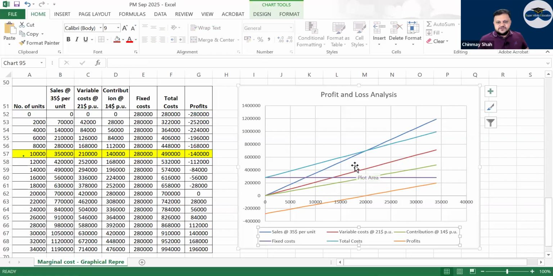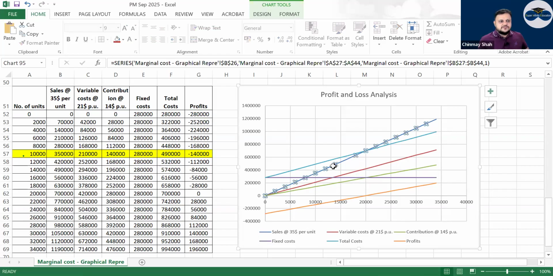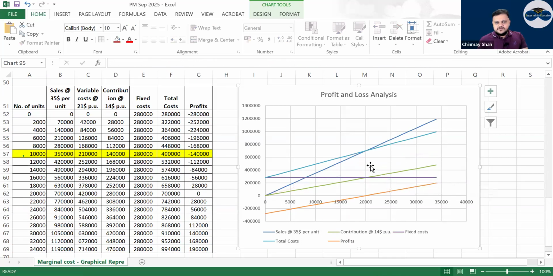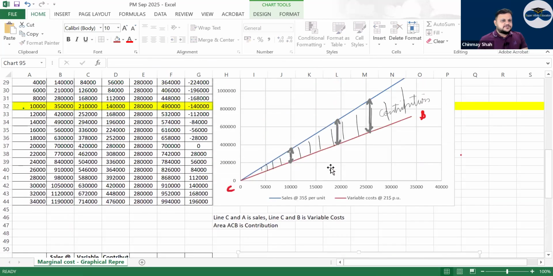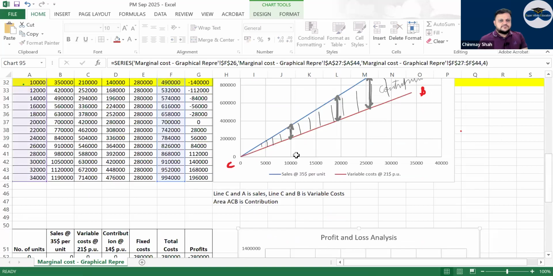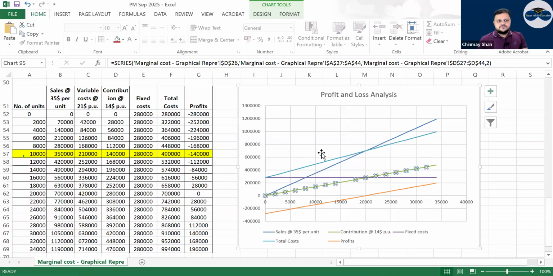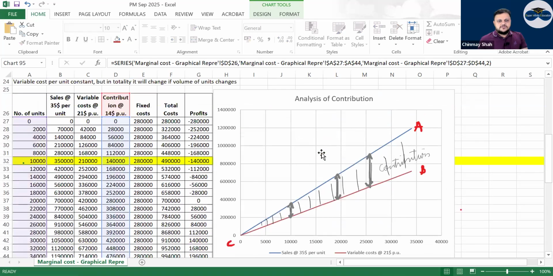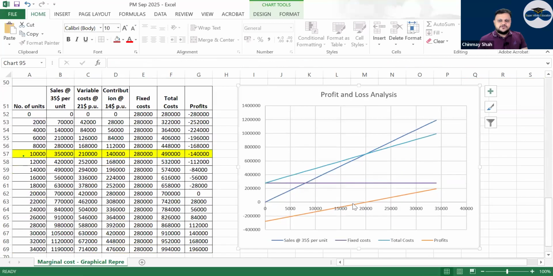Correct. So sales is this dark blue line. Look, variable cost I delete. Correct. Where is sales? I need total cost. Contribution, I also want to delete.